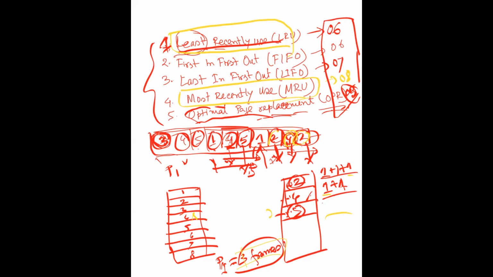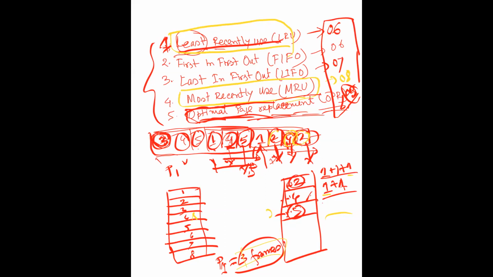We never actually make 100% accurate predictions. There will be some error. So we cannot practically implement this optimal page replacement algorithm. Even though this is the best algorithm, we cannot predict the future 100% accurately. So we cannot do this.